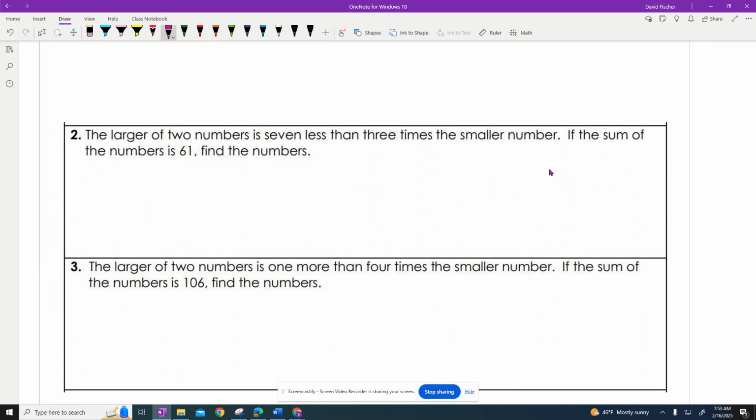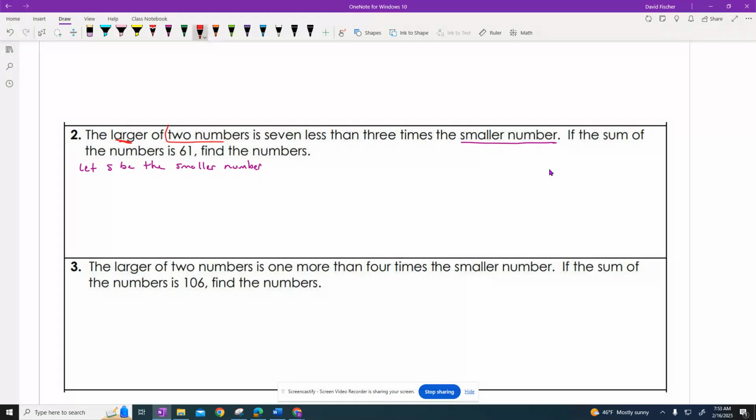The larger of two numbers is 7 less than 3 times the smaller number. So we don't know what the smaller number is. So again, we're going to say let S be the smaller number. Okay, and now I want to talk about the larger number here.